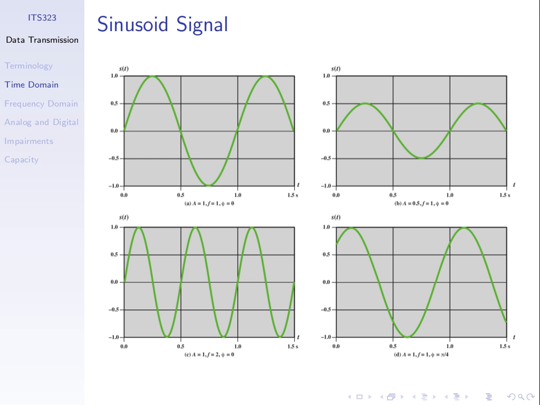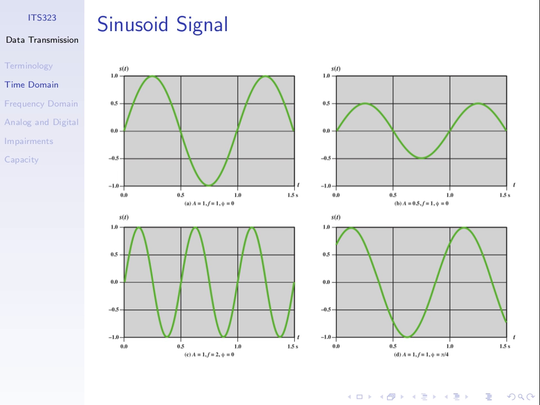The three things we can change in this equation are the amplitude, the peak amplitude, the frequency, and the phase. So at some point in time, if t equals 0, we plug in the signal at time t equal to 0, and it becomes peak amplitude sine 2 pi f times 0 plus the phase. And we get the signal strength at that point in time.